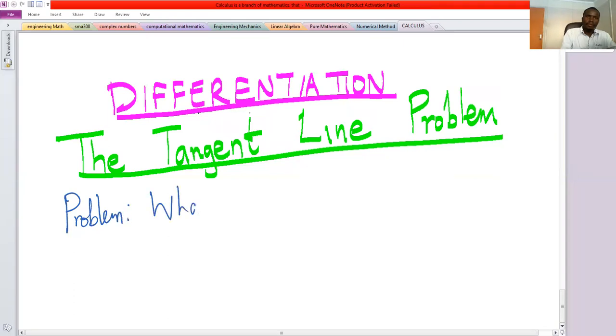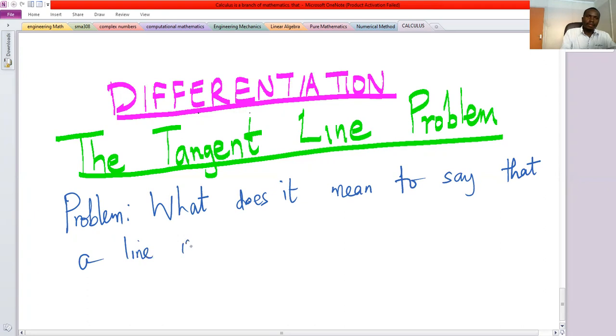What do we mean, or what does it mean, to say that a line is tangent to a curve at a point?